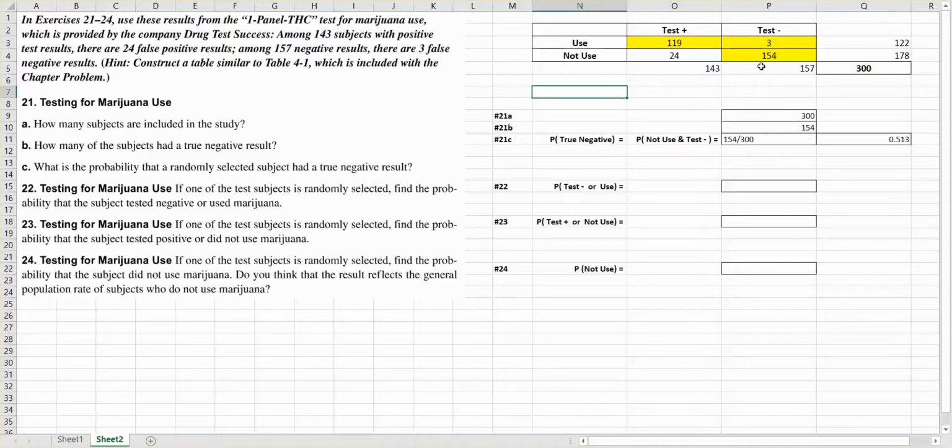And that's who we want. We want to add up everything in these boxes here. So if we take a look at the column, there's 122 people, and in addition to that, we want those 154 people. So 122, 154, that's 276. So that's going to be our 276 divided by our 300 there.